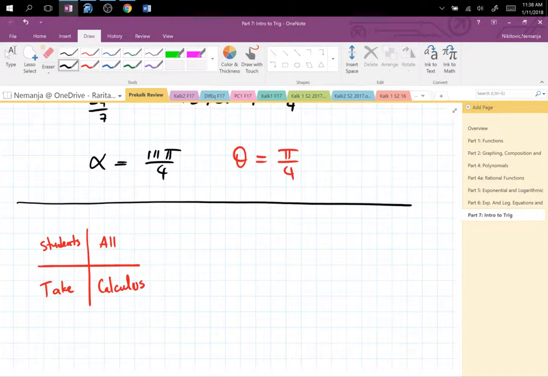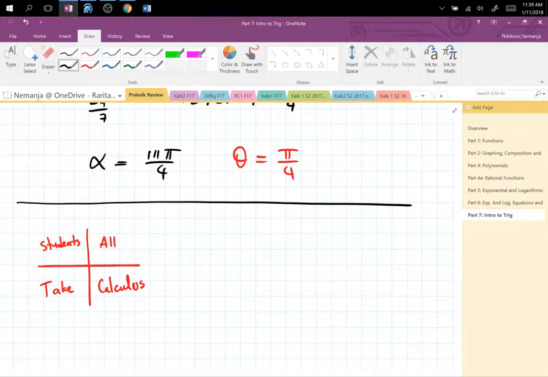Now, observe what happens when you jump to the next part. The only thing that I would add to this is all students take calculus. And then you have everything we talked about in one spot.